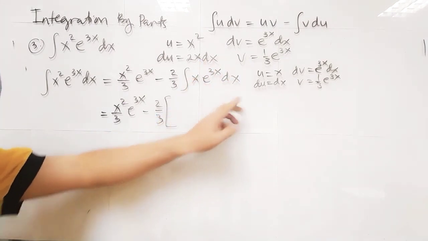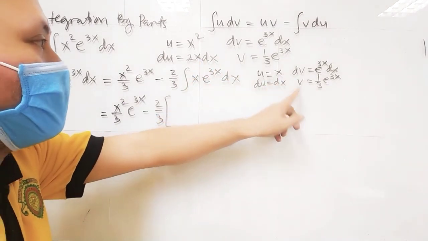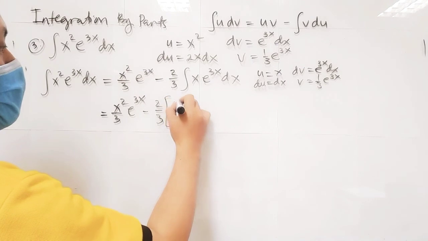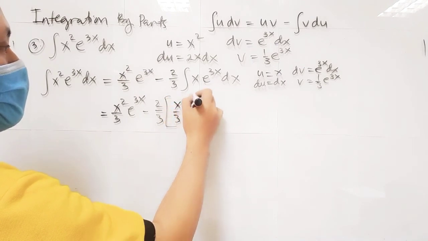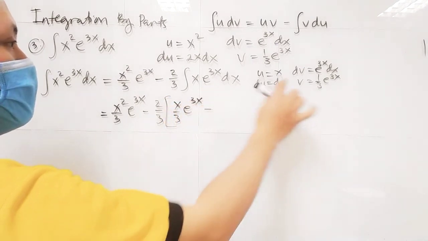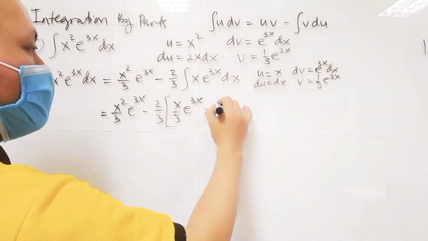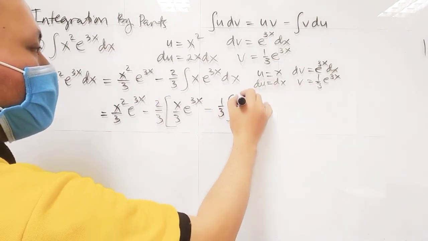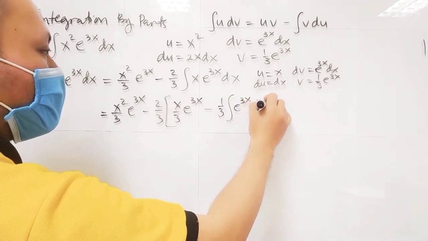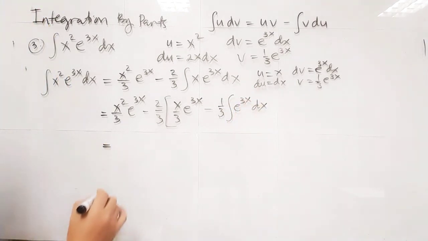This is u times v, so x over 3 e to the 3x, minus v du, so 1/3 integral of e to the 3x dx.